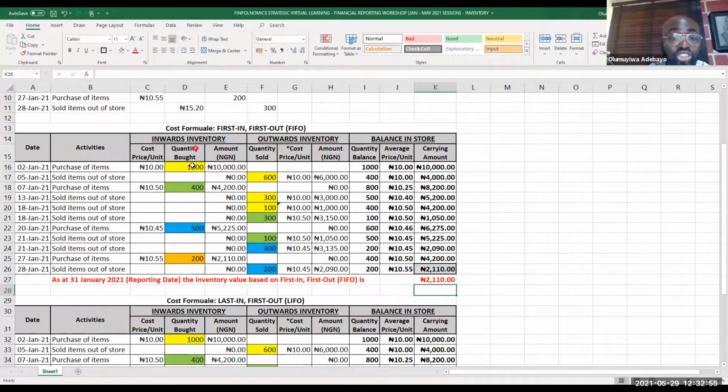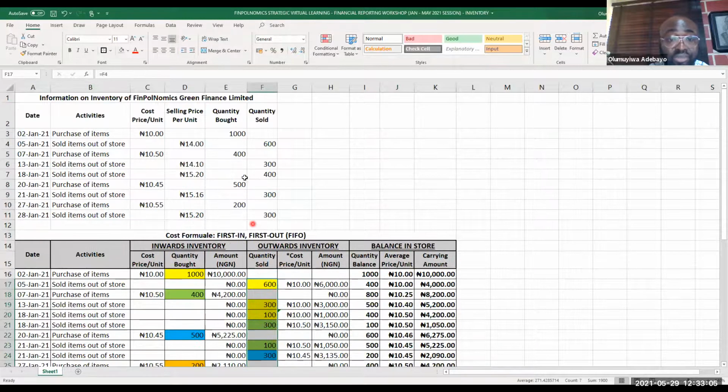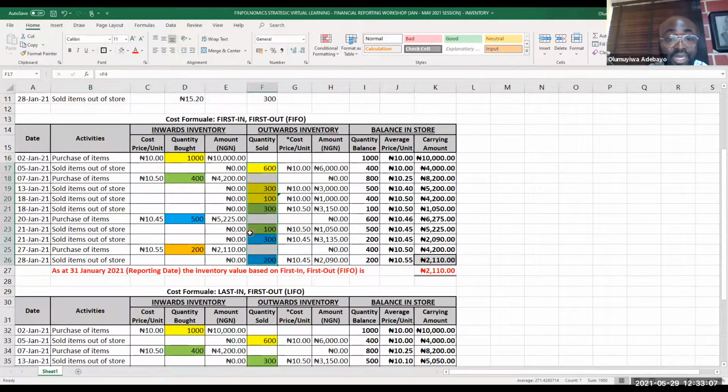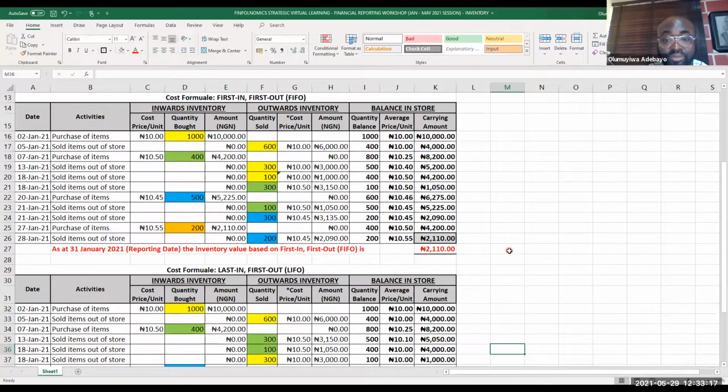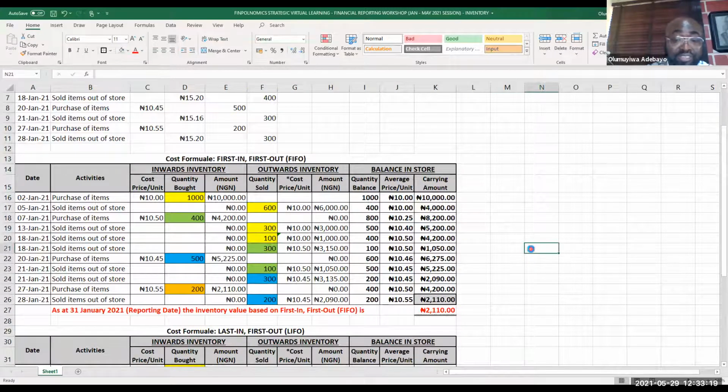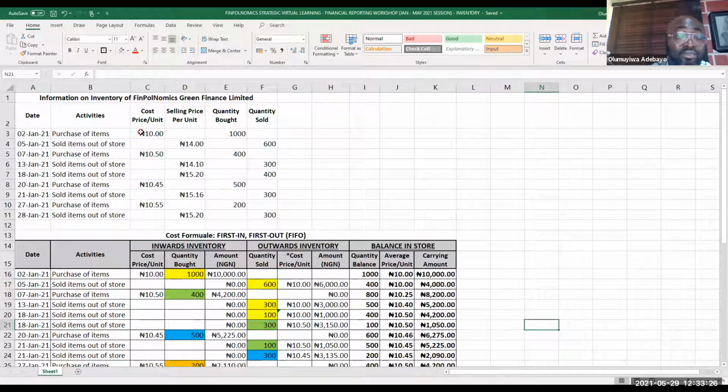Because all of what we purchased is 2,100 units, and all of what we sold is 1,900 from the question. And the same thing there, 2,100, and what we sold out is 1,900. Now, what you are going to see as a difference is that because of rising prices, you find out that prices rise over time.